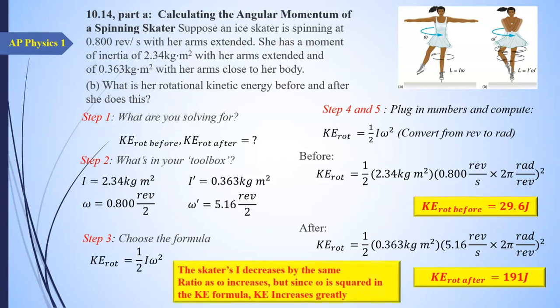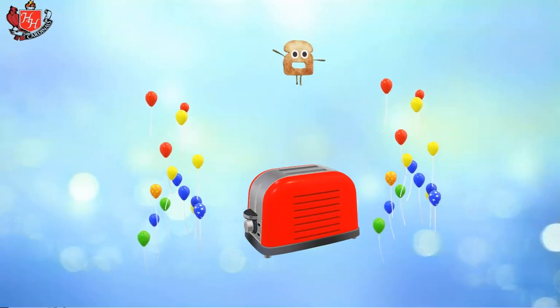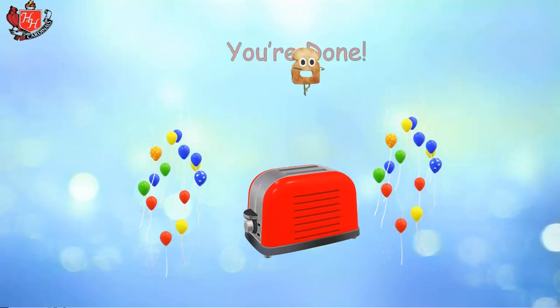So the skater's I, moment of inertia, decreases by the same ratio as omega increases, but since omega, that's angular velocity, is squared in the kinetic energy formula, kinetic energy increases greatly. Okay, and that takes care of this problem set for angular momentum.